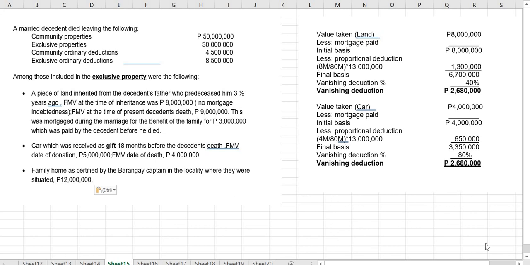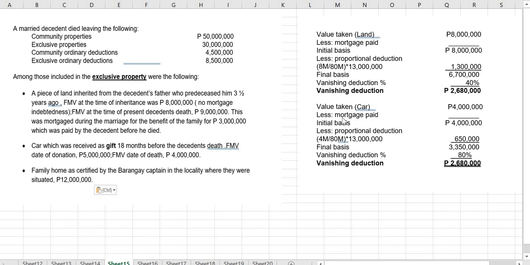The 13 million is the multiplier, the sum of the community ordinary deduction and the exclusive ordinary deduction. So 8 million over 80 million times 13 million gives 1.3 million. The final basis would be 6.7 million. Since it was 3.5 years ago, you use 40%, so the vanishing deduction is 2,680,000.